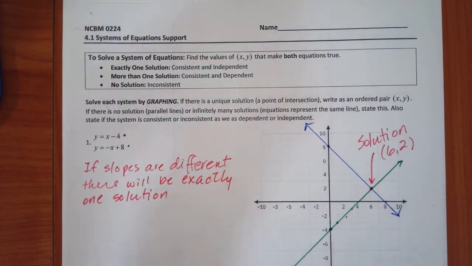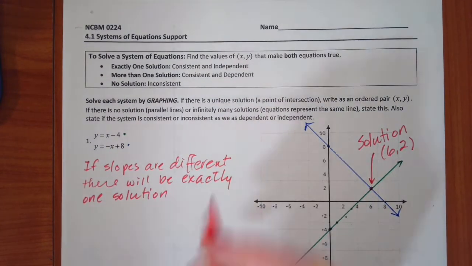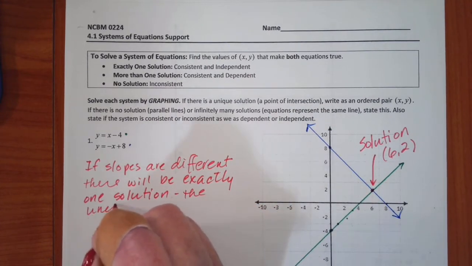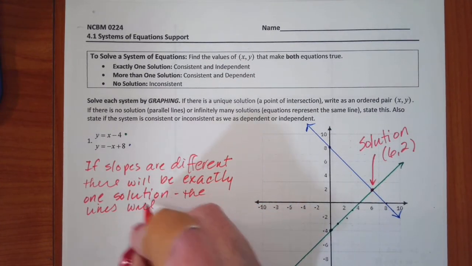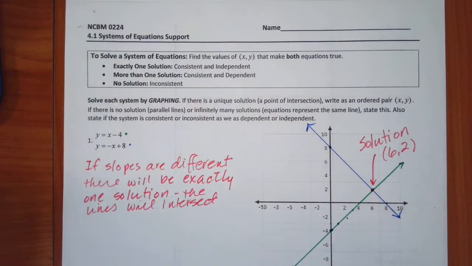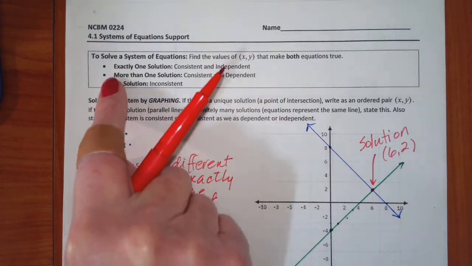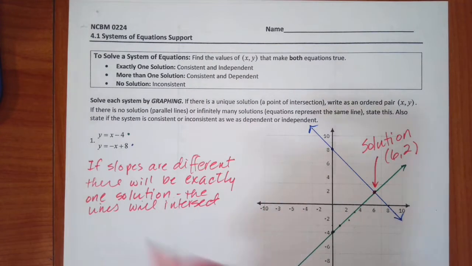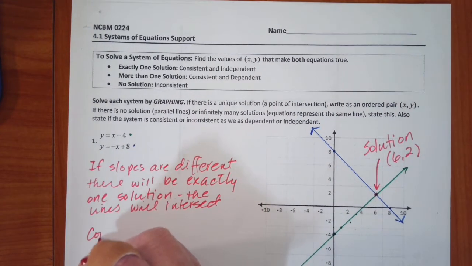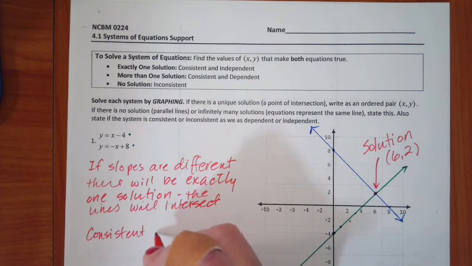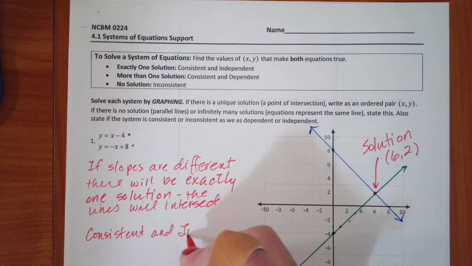If the slopes are different, the lines will intersect somewhere, somehow. And then if we look up here at our vocabulary, exactly one solution means they are consistent. This set of systems is consistent and independent.